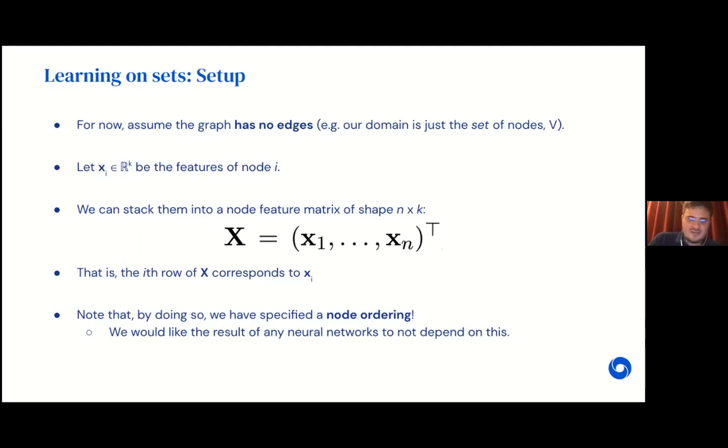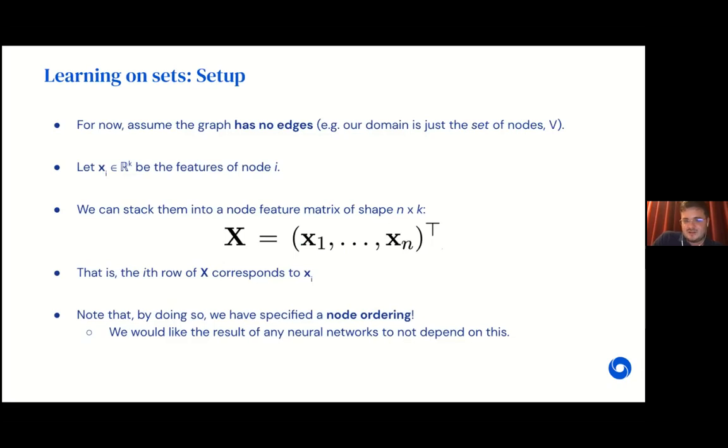That means that the ith row of this matrix will correspond to the features of the ith node. And a very important point here is that the moment we have done this, the moment we put the nodes in this particular stacked order, we have specified an ordering of the nodes, and our fundamental assumption when working on set data is that the nodes are unordered.